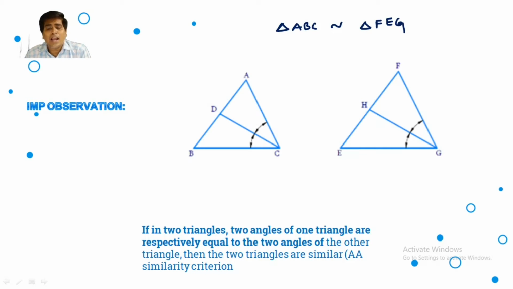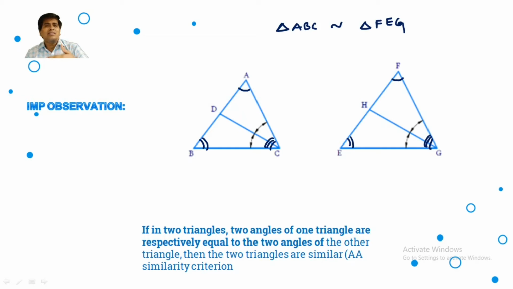When these two triangles are similar, their corresponding angles are equal. That means angle A is the same as angle F, angle B is the same as angle E, angle C is the same as angle G. So that is a very important observation.